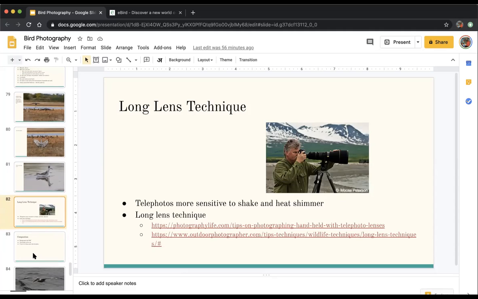Raminder, sorry to interrupt, one quick question. Is the hand better at the end of the lens or above the mount? Yeah, I think it depends on the lens and the weight distribution of the lens. If it's a front heavy lens, you want it to be where the weight of the lens is, but you can experiment.